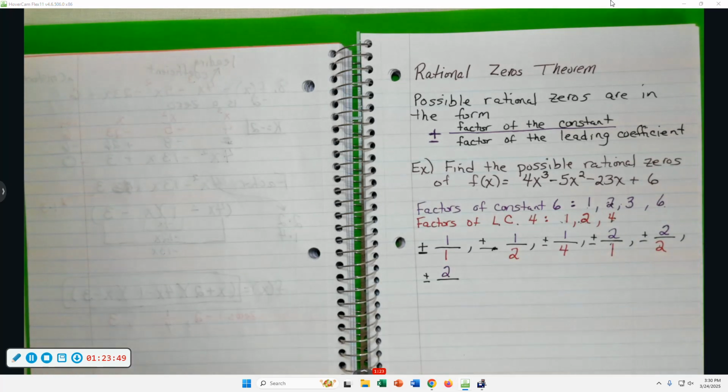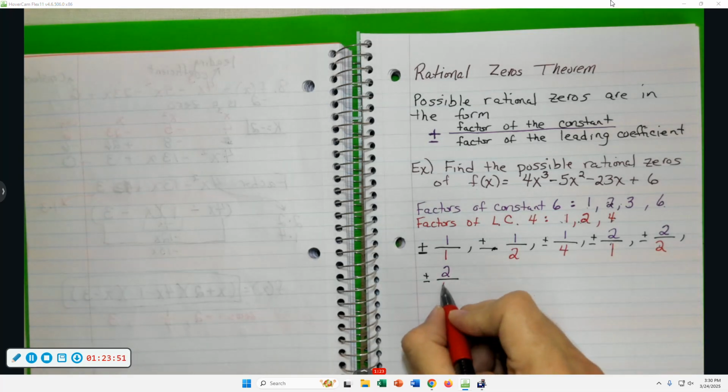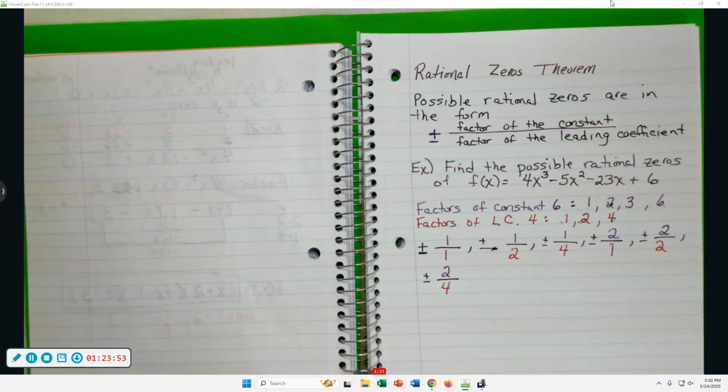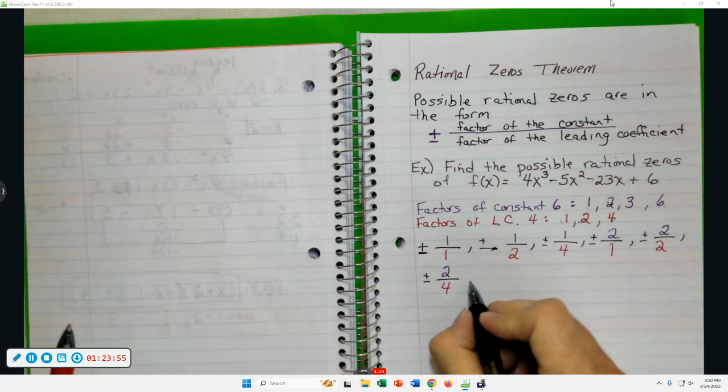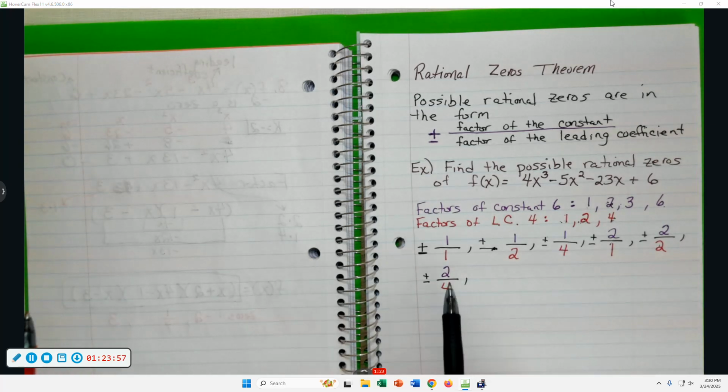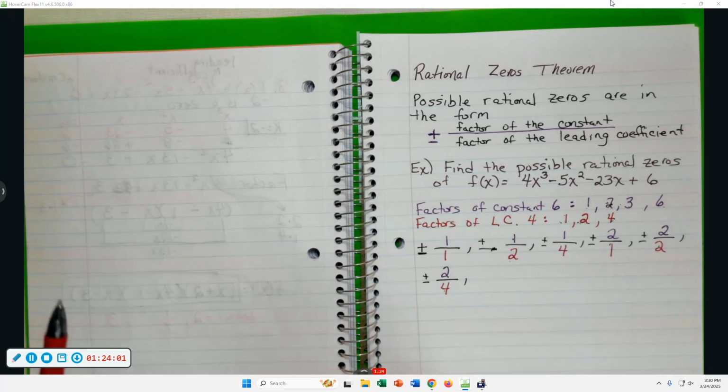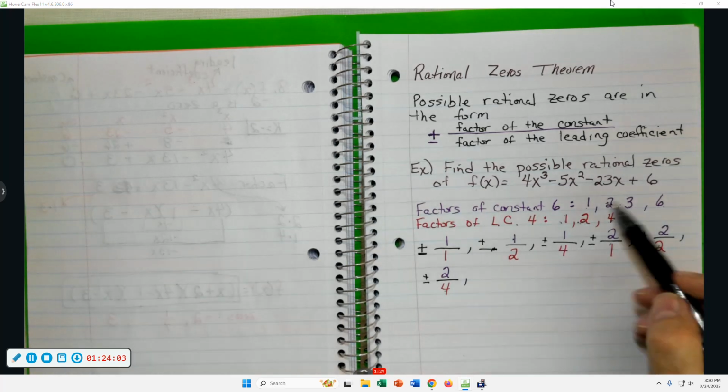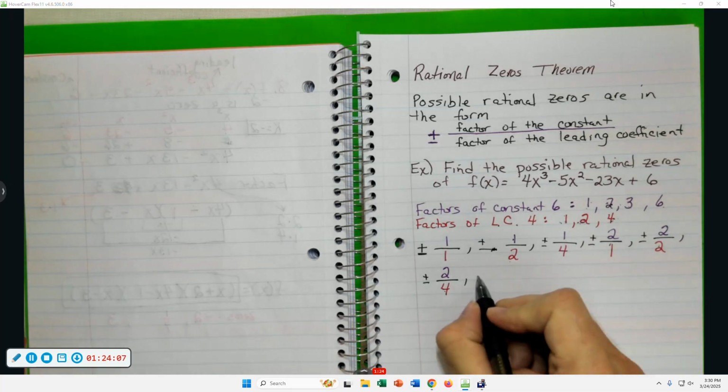Have I already listed 2 over 4? I think I have. 2 over 4 reduces to what? A half. Okay. So let me see. Where am I at this point? I've done 1 over, 2 over. I think I'm ready to do 3 over now.